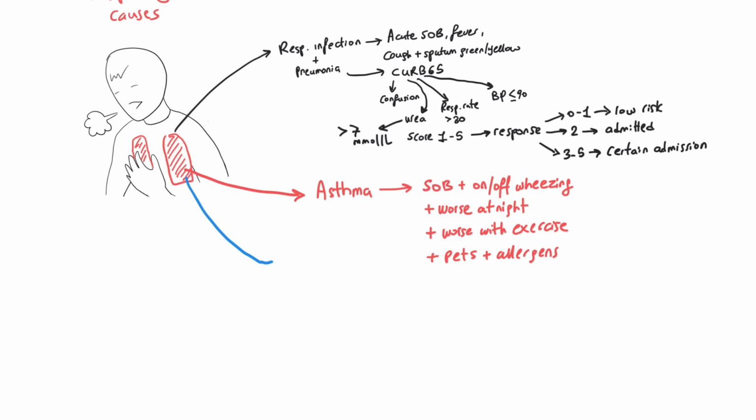Next to asthma, you have COPD. Obviously, this is a chronic condition, with chronic shortness of breath. They may go on and develop the symptoms of lower or upper respiratory infections, which need to be managed accordingly.